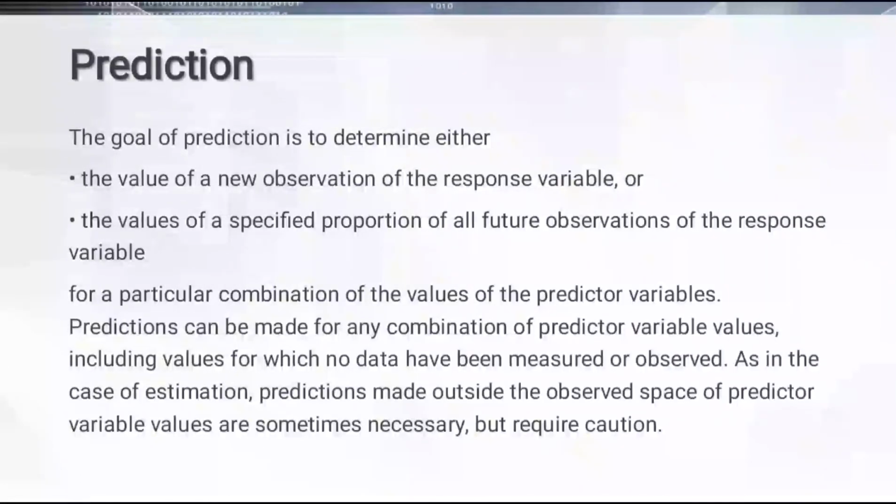Next, prediction. The goal of prediction is to determine either the value of a new observation of the response variable or the values of a specified proportion of all future observations of the response variable.